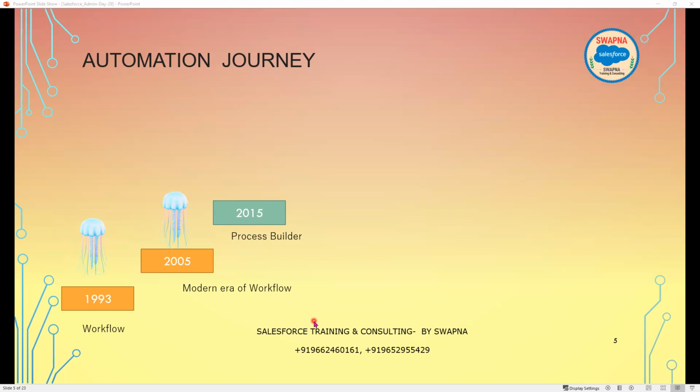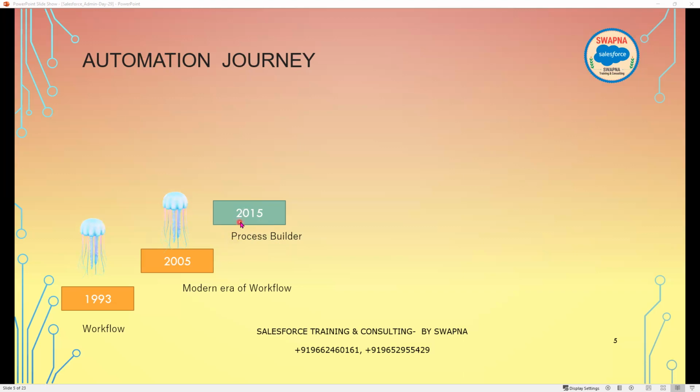Now, in 2015, they came up with a new functionality called Process Builder. Whoever wants to use workflow can use it, and whoever is more visual can go for the Process Builder, right?